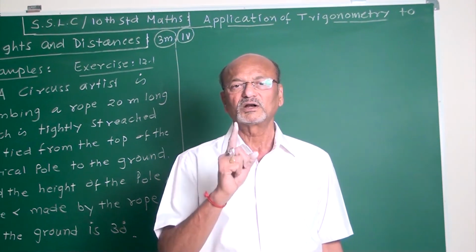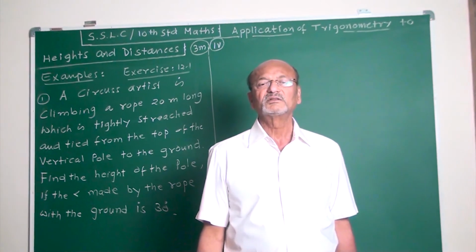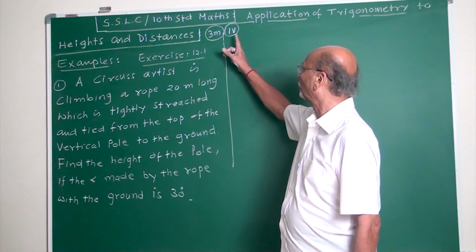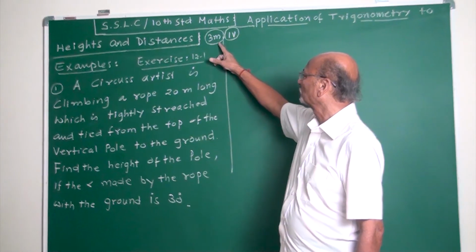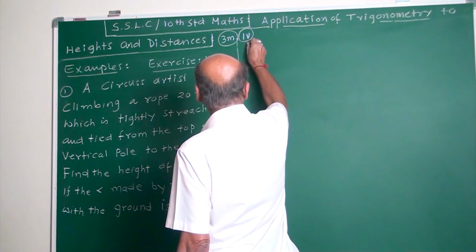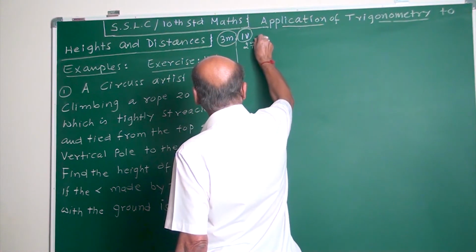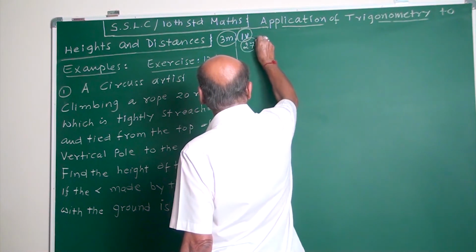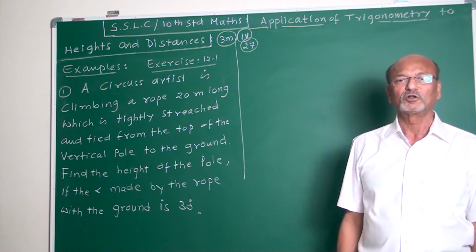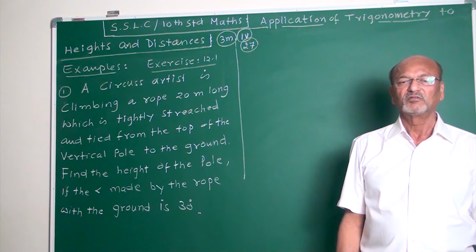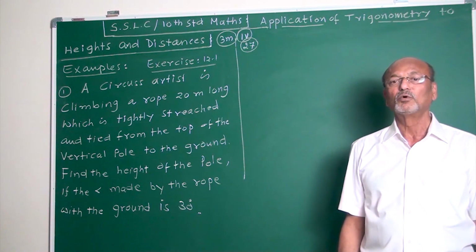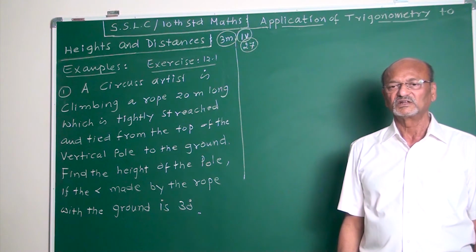Part 2 has 1-mark questions, part 3 has 2-mark questions, and part 4 has 3-mark questions. In that, this example on heights and distances will be example number 27 in your model question papers, given very recently by the SSLC board, my friends.